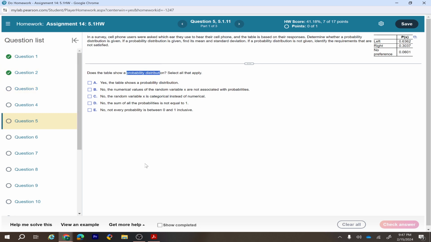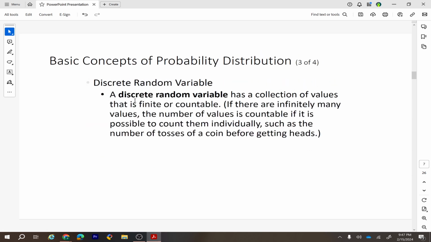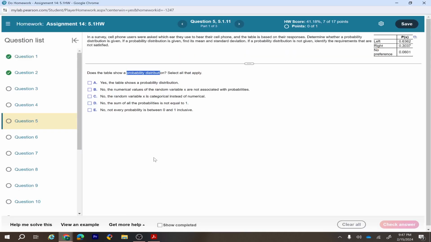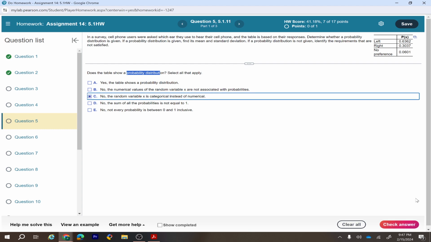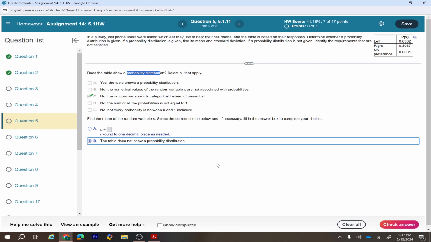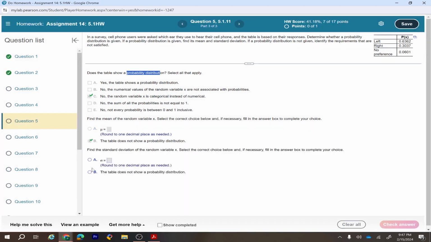The first condition to be a probability distribution is that the outcome is supposed to be a numerical value, but in this example the outcomes are left, right, no preference, so this is not a probability distribution. So the answer is no. The random variable X is categorical instead of numerical. Because it's not a probability distribution, we cannot calculate mean and standard deviation.